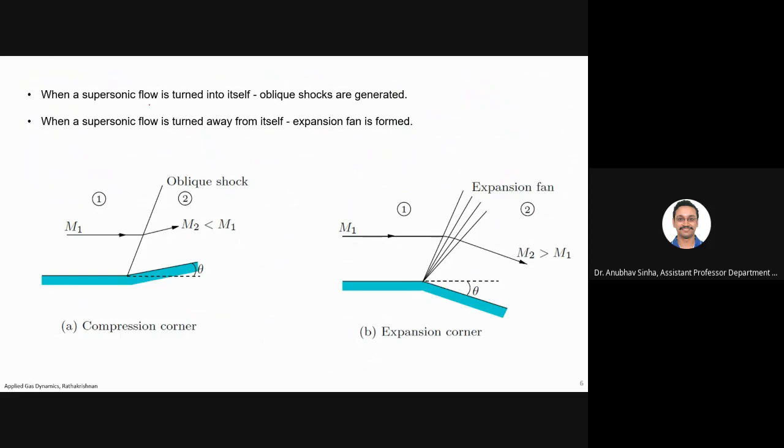When a supersonic flow, basically where M1 is more than 1, turns into itself, meaning the path is getting narrower, then we see oblique shocks generated. When it is turned away from itself, like this, then an expansion fan is formed. This is what we talked about in the last chapter.